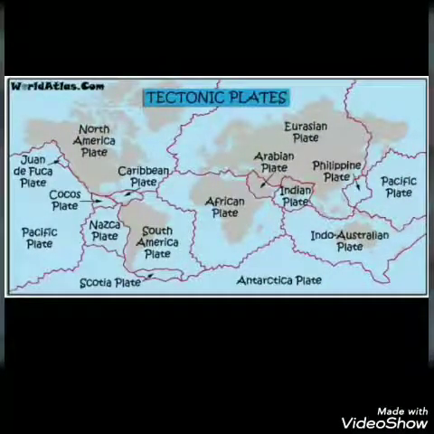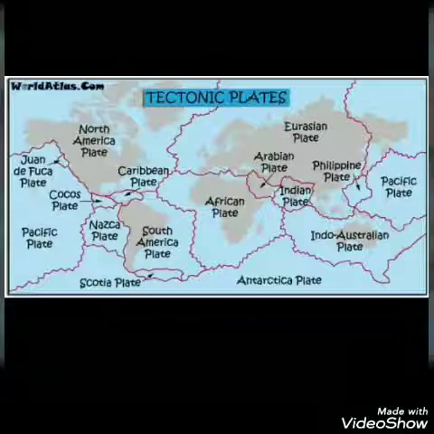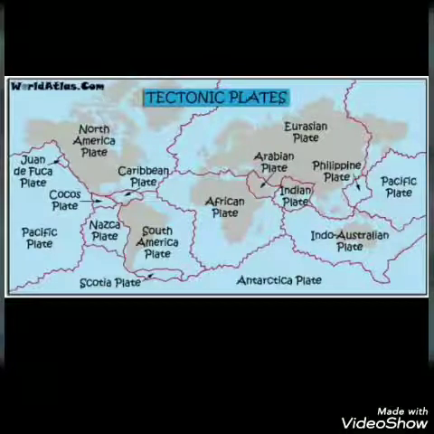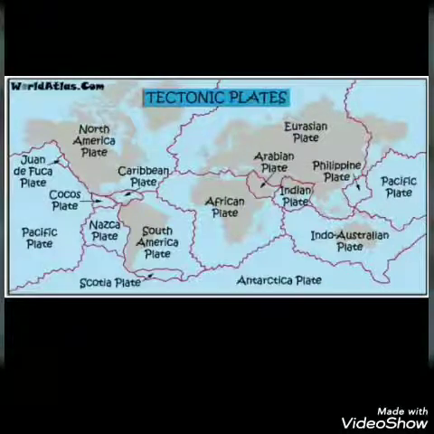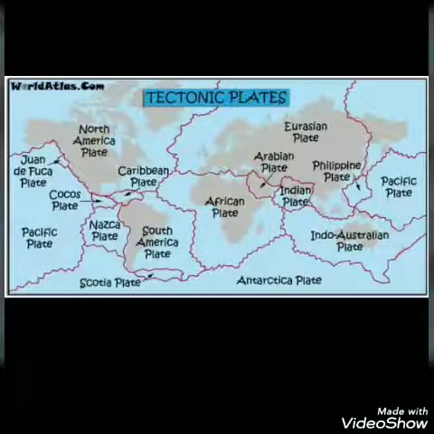Earth scientists have attempted to explain the formation of physical features with the help of some theories, which are based on certain evidence. One of the main theories is the theory of plate tectonics.